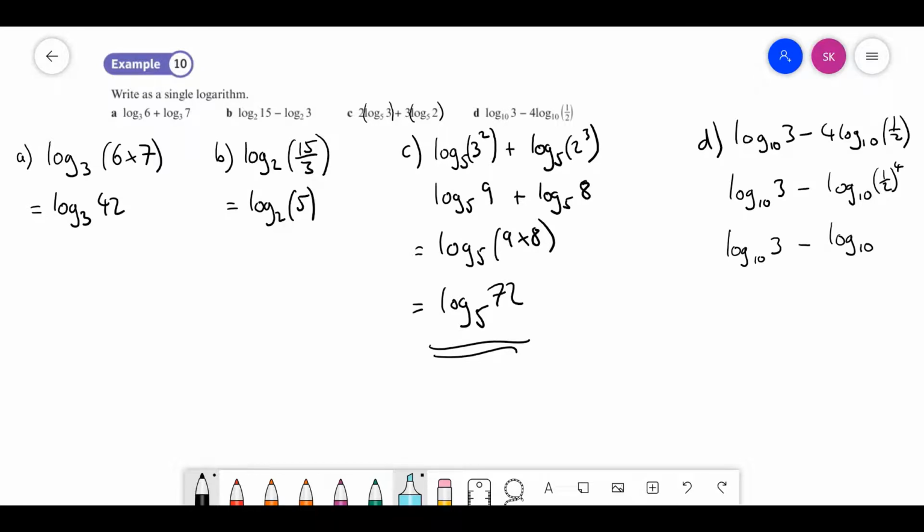A half to the power of 4 is 1 over 16. And so now, because the bases are the same, it's 3 over 1/16, which is equal to 3 times 16, which is just 48.